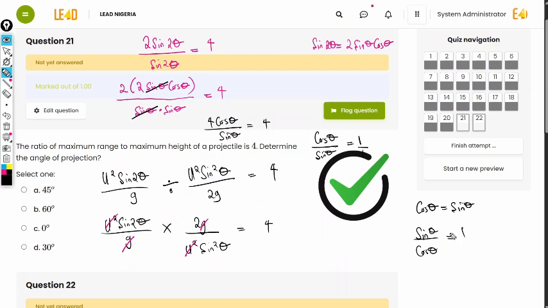But sine theta over cos theta is tan theta, right? So we'll say tan theta is equal to 1. So if I do tan inverse, theta will be tan inverse of 1. So theta will be what? 45 degrees.